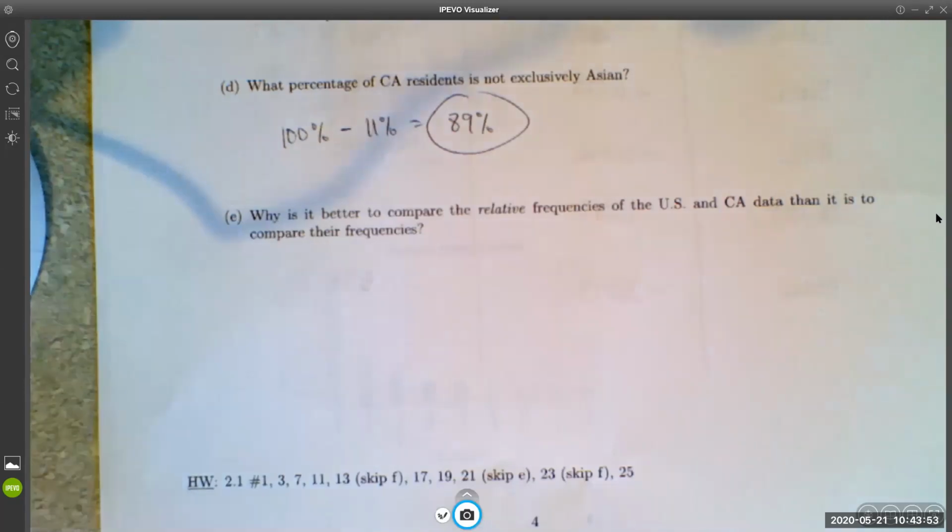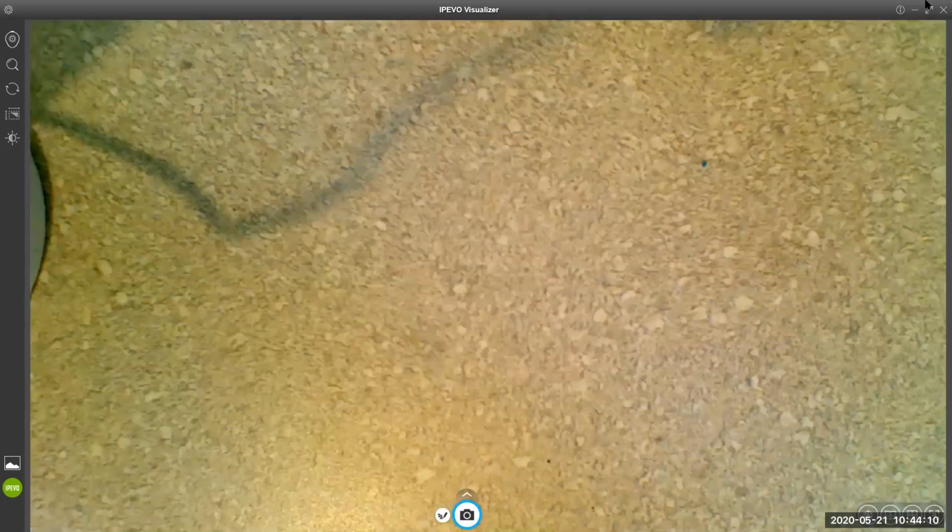Or better yet, you could say, we compare the relative frequencies rather than the frequencies so that the racial compositions are not affected by the total population size, right? Something along those lines. But anyway, that's that for 2.1.